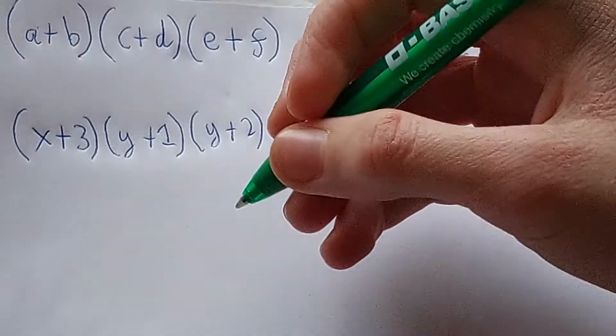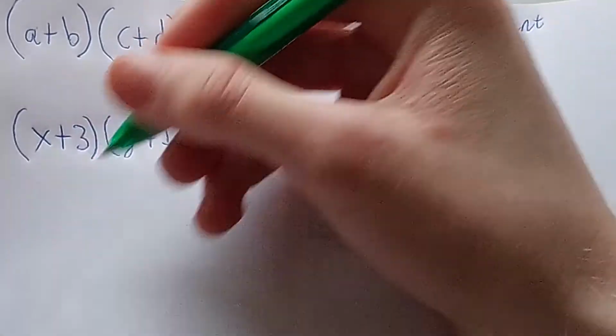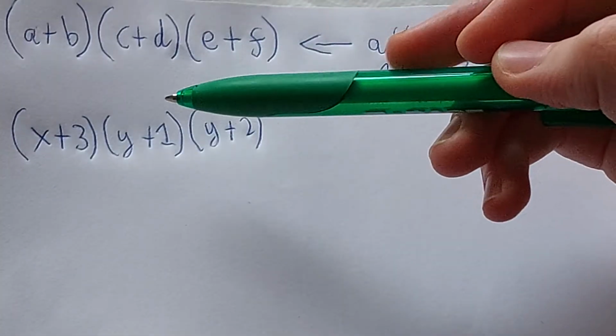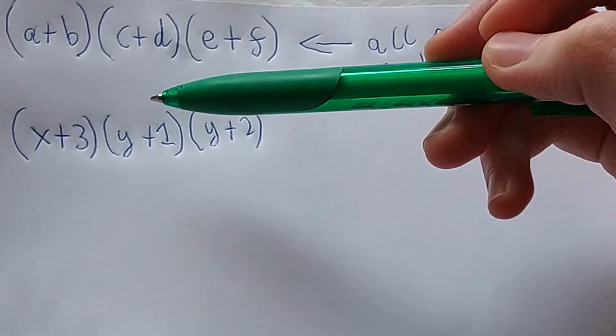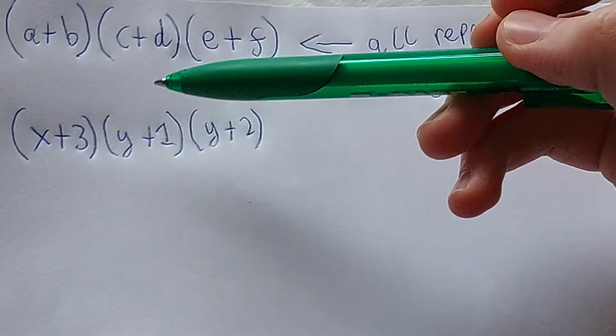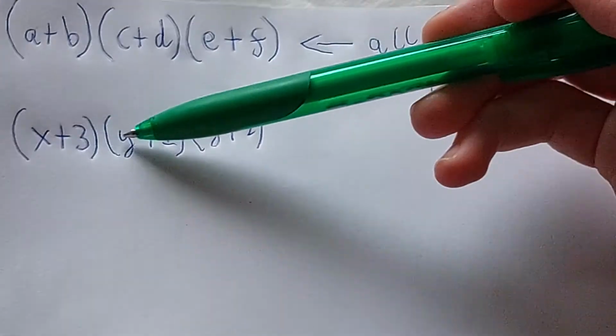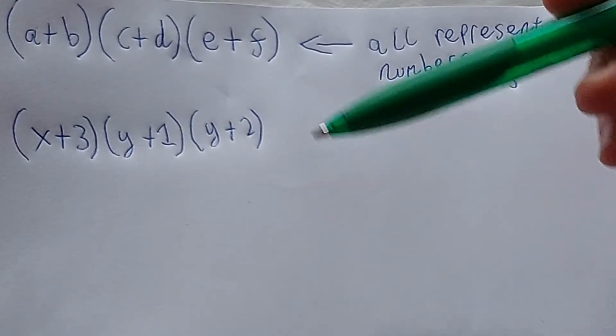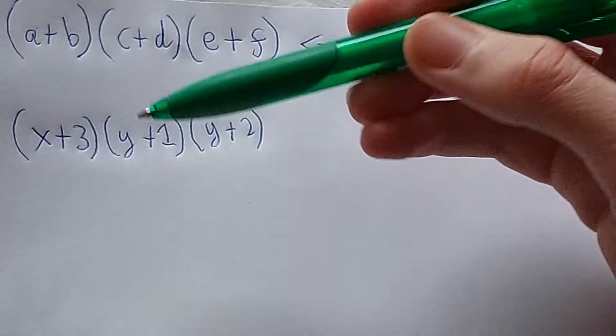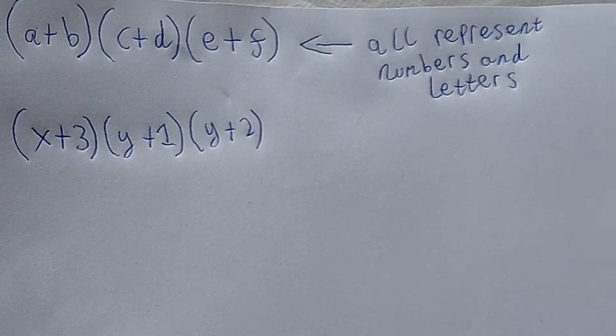So let's expand the first two. We take the first character of the first bracket and times it by the first character in the second bracket. In this case, it's x times y, which would be xy, because we don't write x times y in algebra, we just write xy.